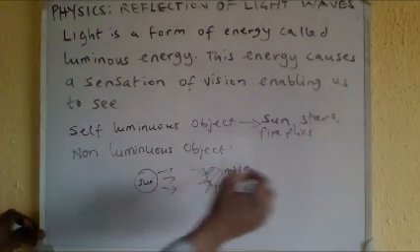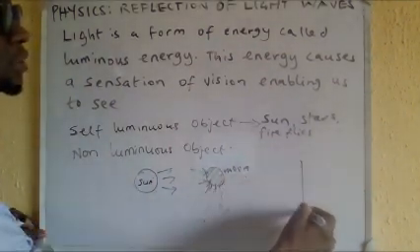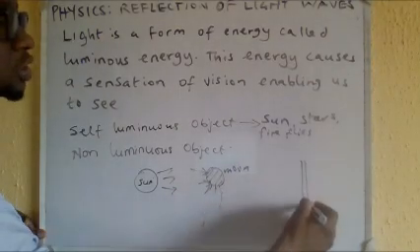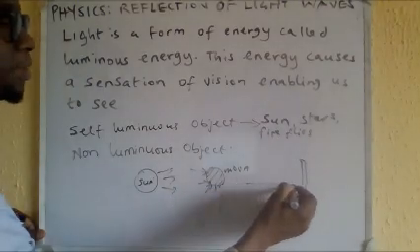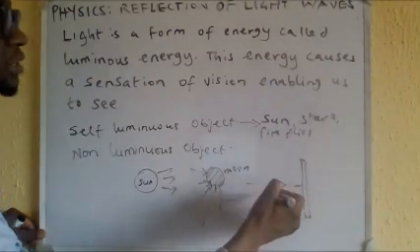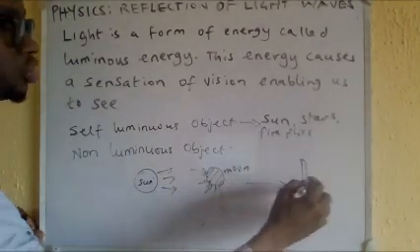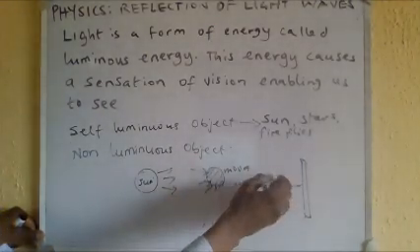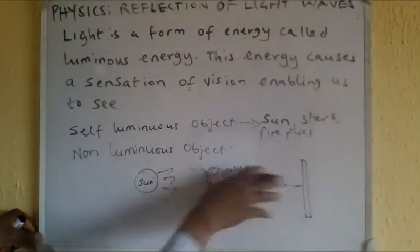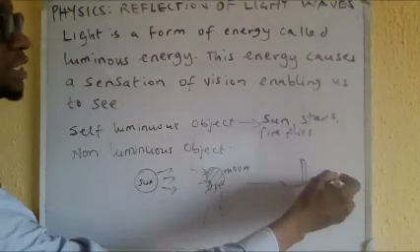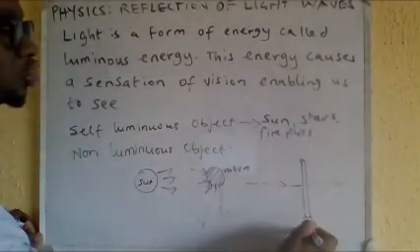So if you have a body like this, and let me just have it in ticking form. So a light ray comes through here. By the way, we represent light rays by a straight line and a directional marker showing where it is going. So this is a light ray now. If it passes through like this, this object is what?